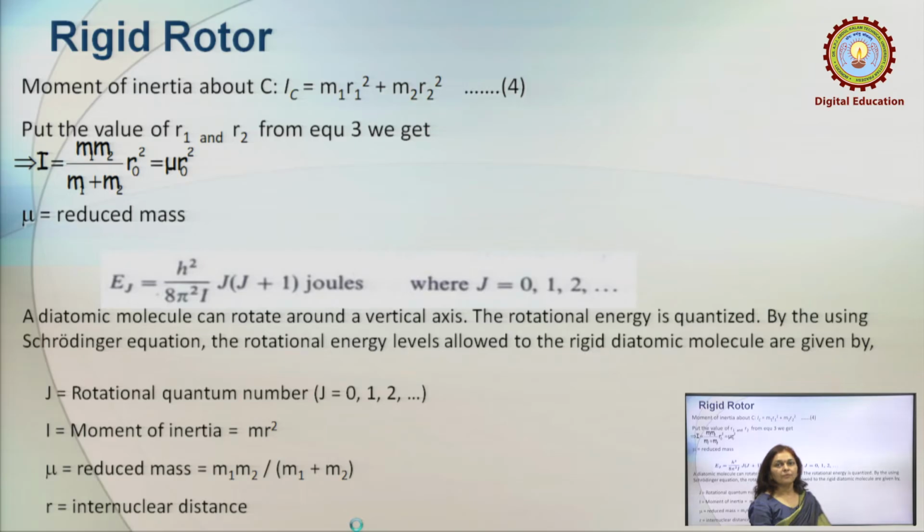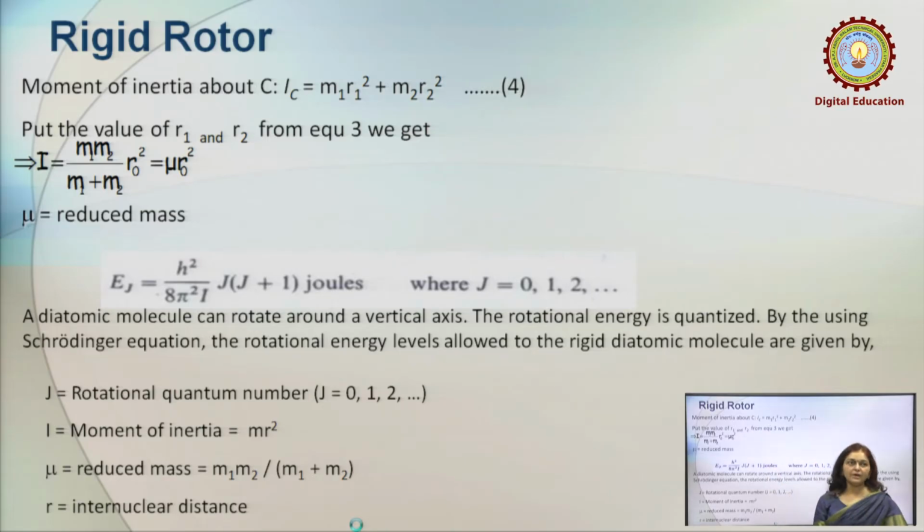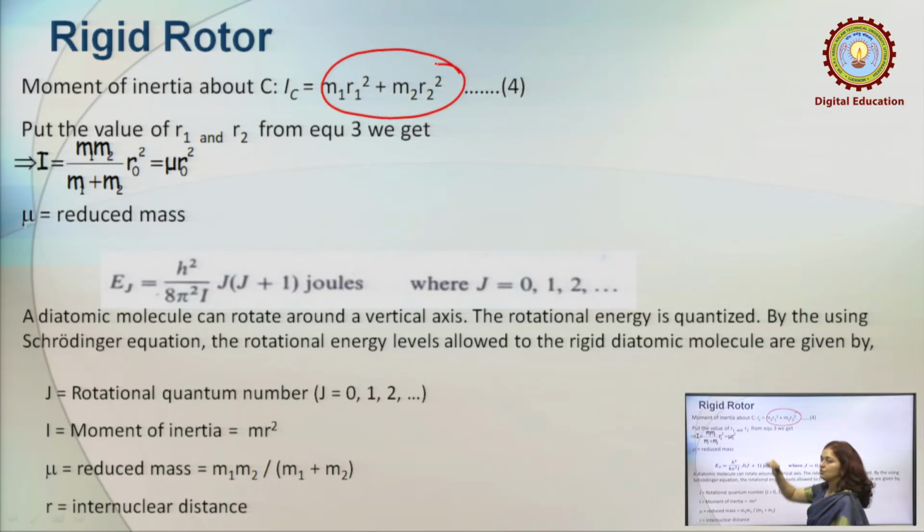Now, the moment of inertia about C is M1 R1 square plus M2 R2 square. Put the values of R1 and R2 from equation 3, which we calculated in the previous slide.